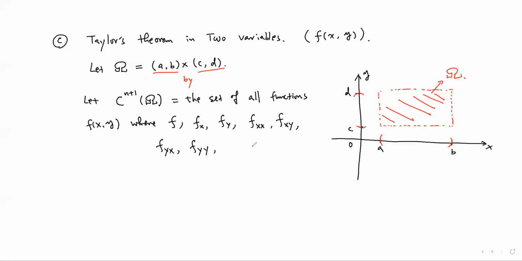This is an order 2 partial derivative, and so on, until order n plus 1. All these partial derivatives are continuous on this rectangle. So this notation means the set of all such functions.